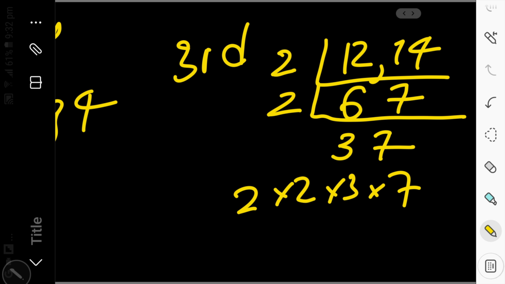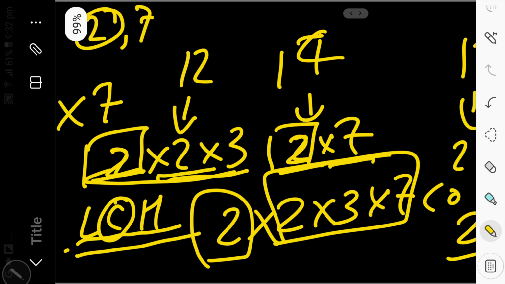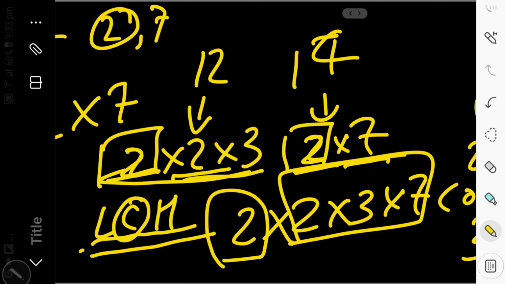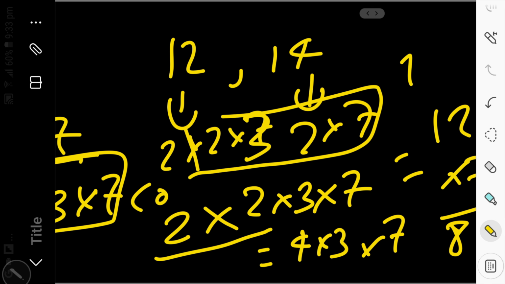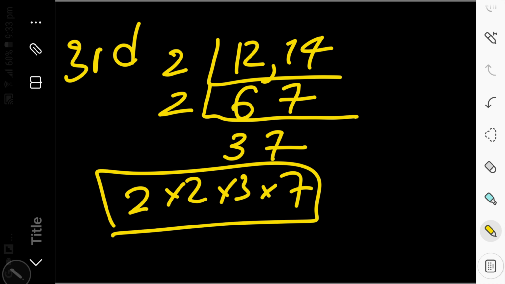Notice how here you get a duplicate number, and what we did was find the common multiple, which was 2. So we just made the 2 of 12 and the 2 of 14 into 1, keeping this 2, and multiply with the other remaining numbers. We just did that here, but there is no duplicate of 2, because we divided the number.